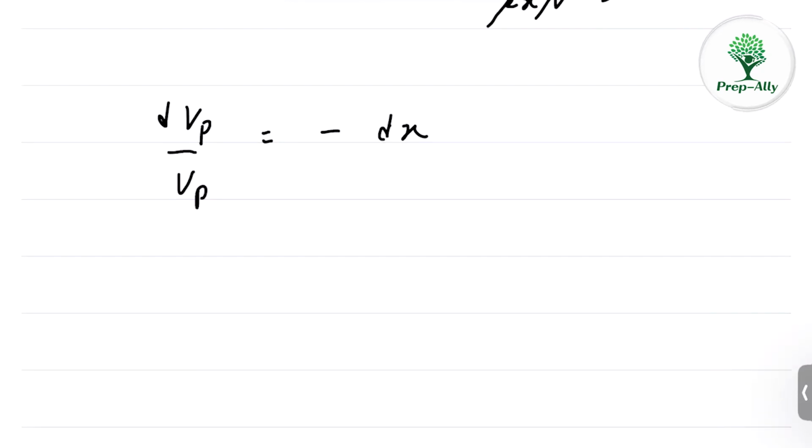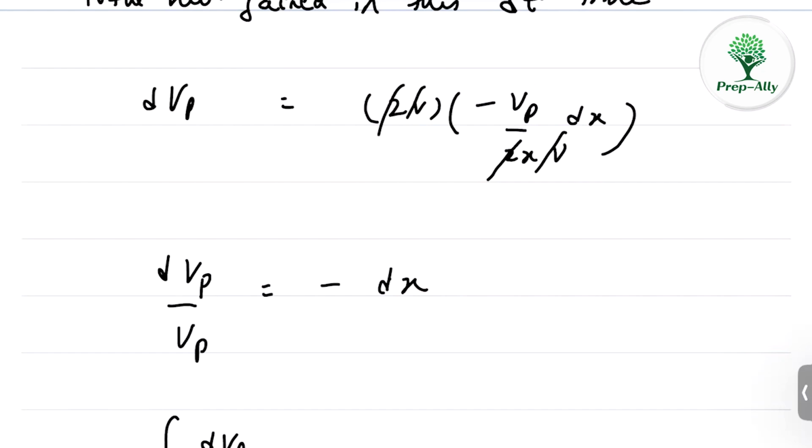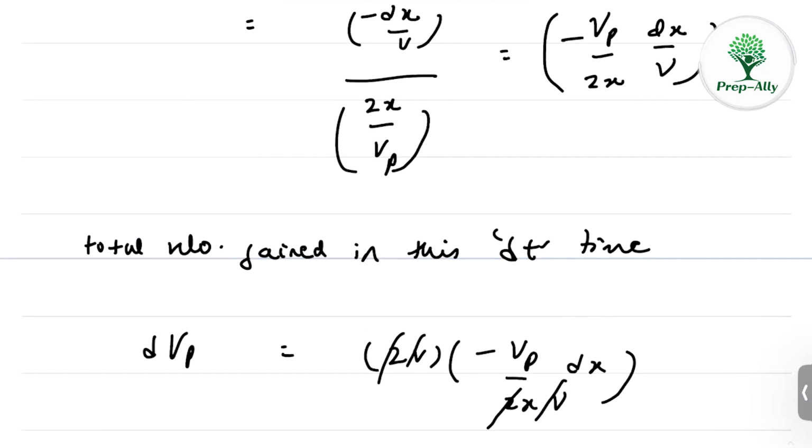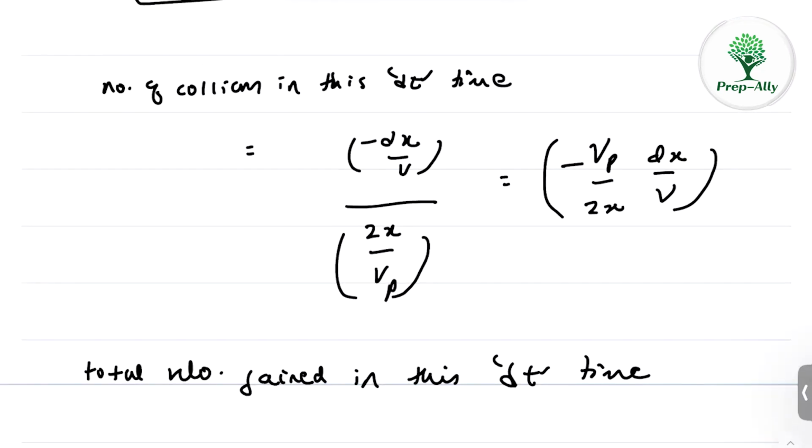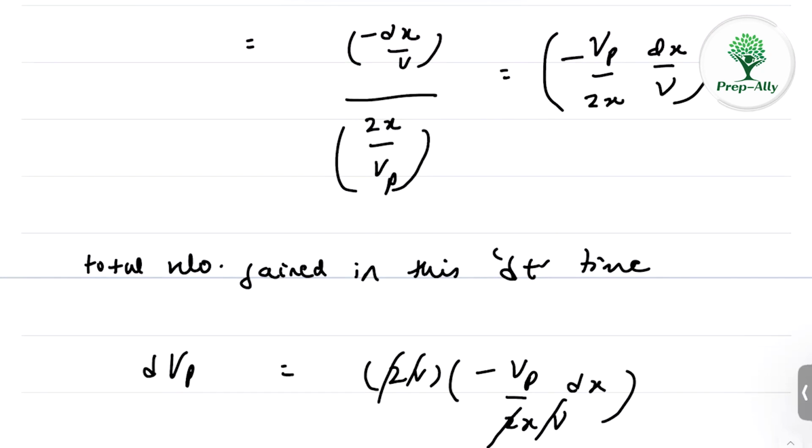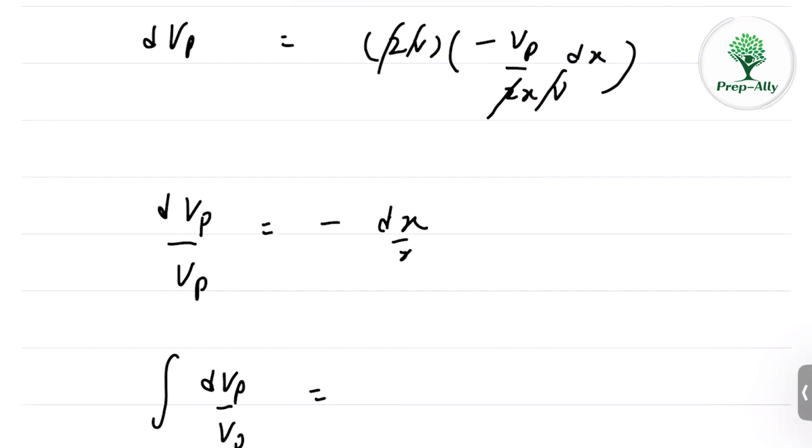So let us integrate this. dvp by vp, wait one second, x was also there. So this x was there in the denominator. Okay, this x is still there. So x will be there here also. So minus dx by x.